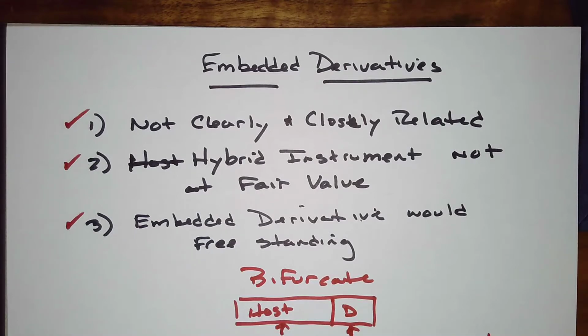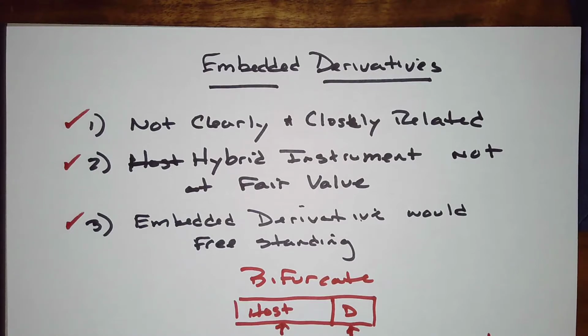If there's a cap that's built in, and the cap simply states that it is a 1% cap on the treasury rate, a 1% cap on the LIBOR rate, that is clearly and closely related.